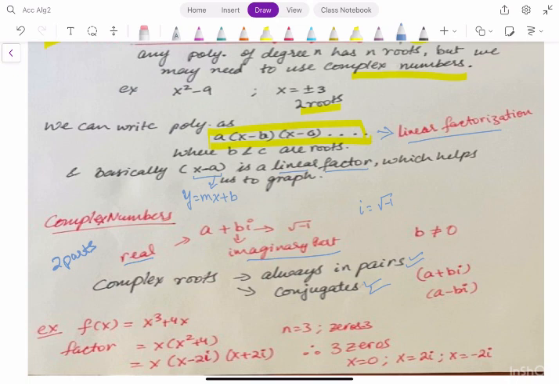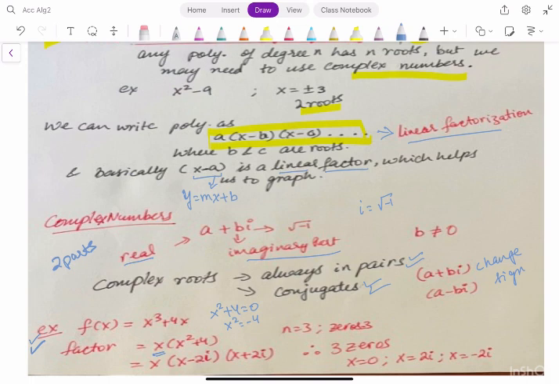Keep one thing in mind, that complex roots always come in pairs. That is why they have conjugate roots. So if we have a plus bi, its conjugate will be a minus bi. Conjugate implies we are changing the sign. When we have a plus sign, it will change to a minus sign. So if one root is given, it implies the other root will also be there.